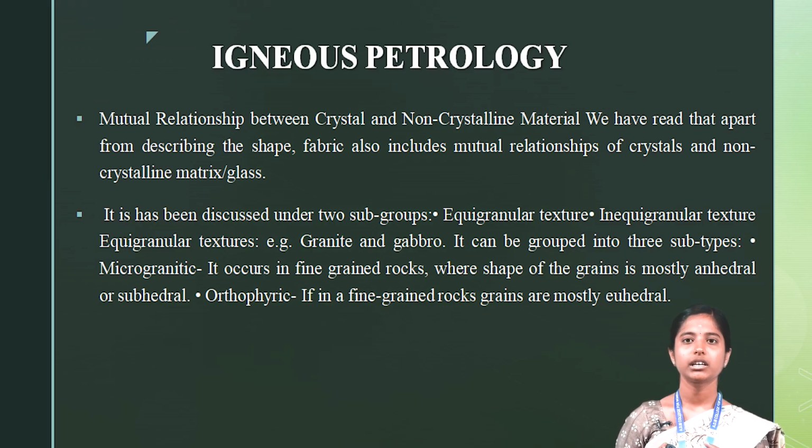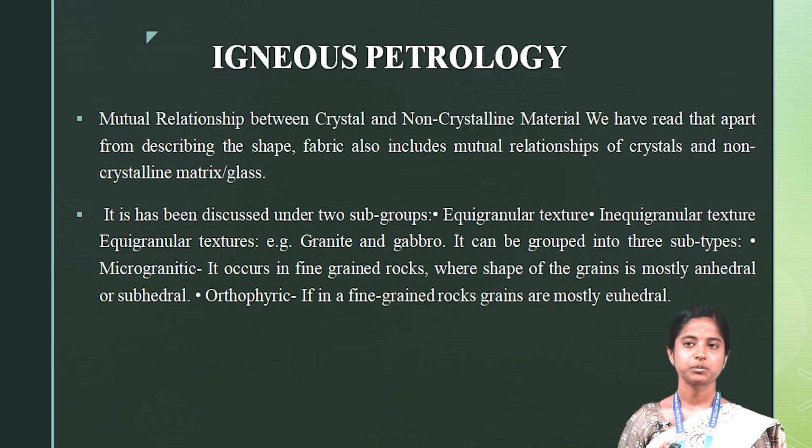Next, the inequigranular texture. In equigranular texture, we discussed that all the grains are equal in size. In inequigranular texture, in an igneous rock, if the grain size difference becomes so pronounced that one set of grains is distinctly larger and associated with another set which is much finer in size, then it is termed inequigranular.